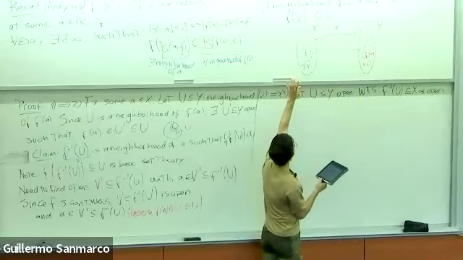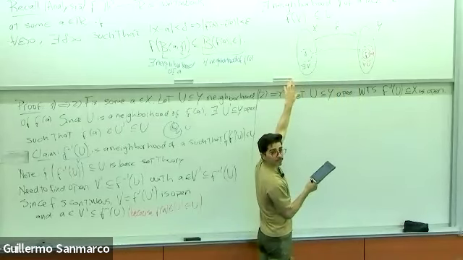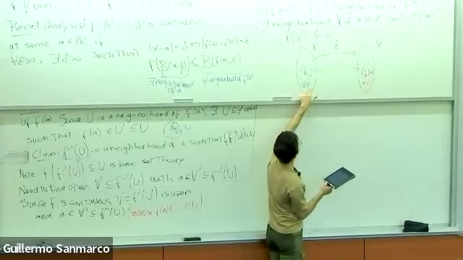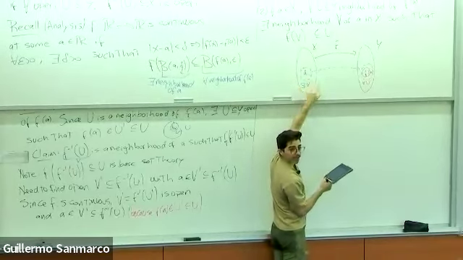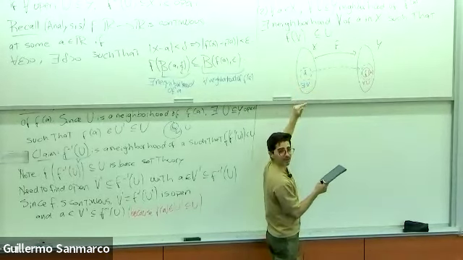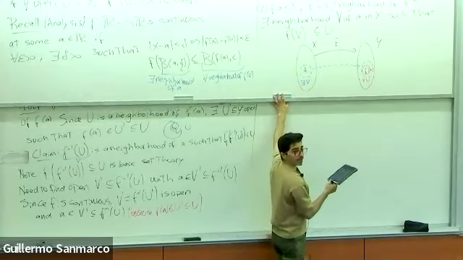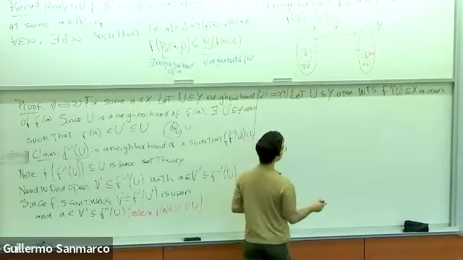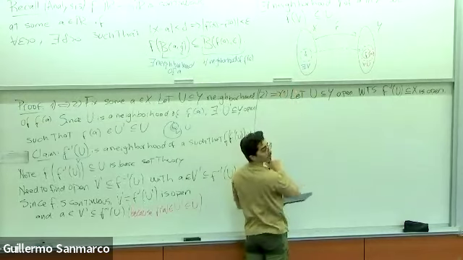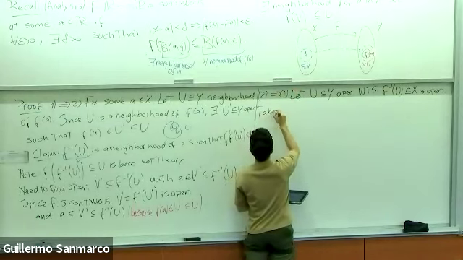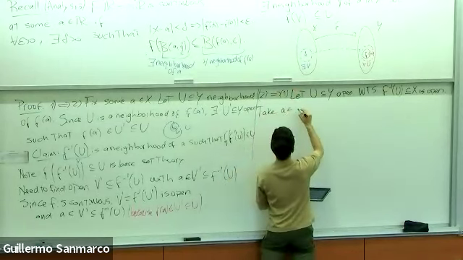If I take all those opens and compute the union, that's going to be the entire thing. So let's cook up a V for each A. Let's take an arbitrary A in F inverse of U.